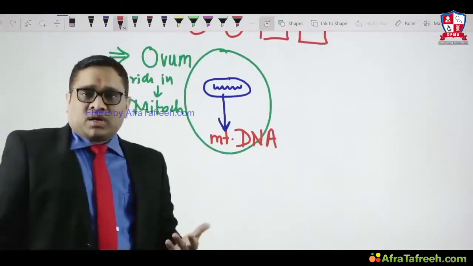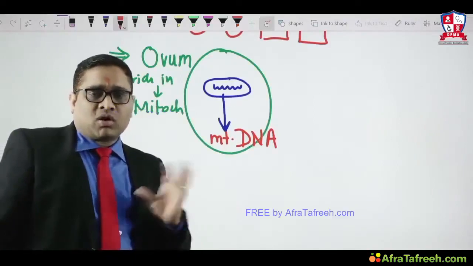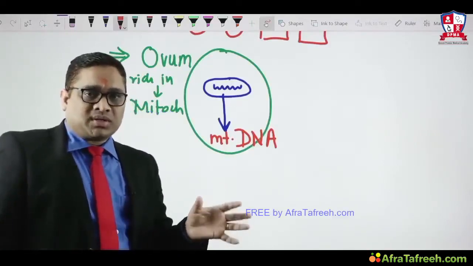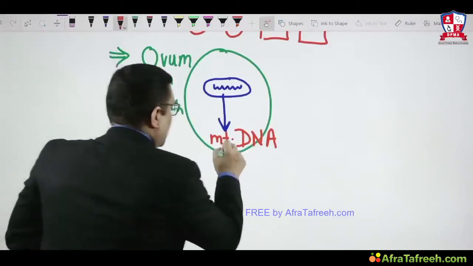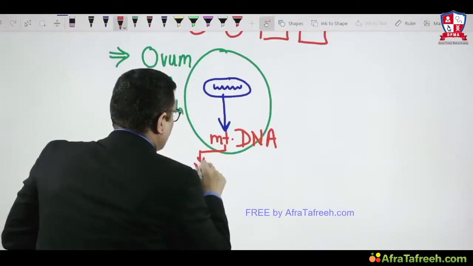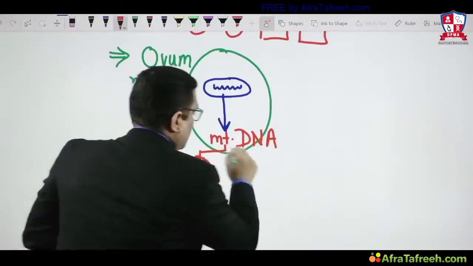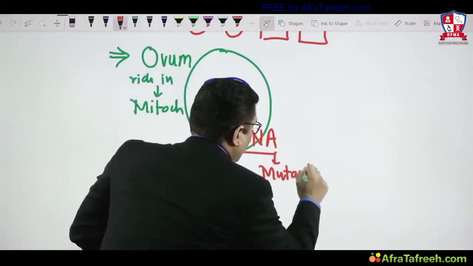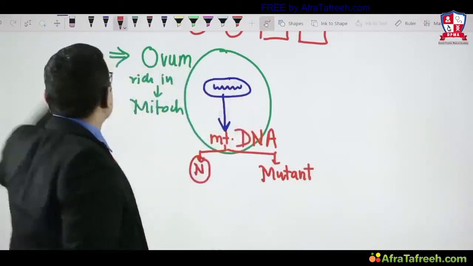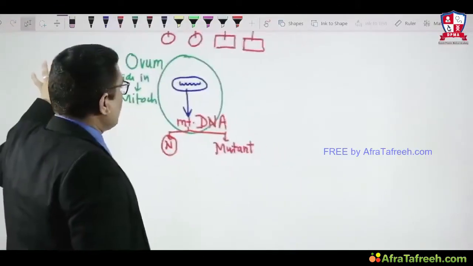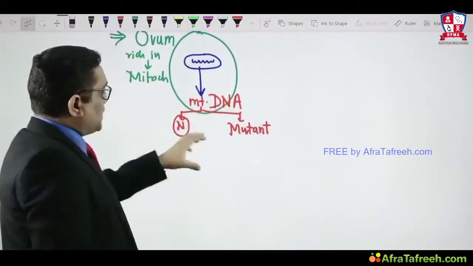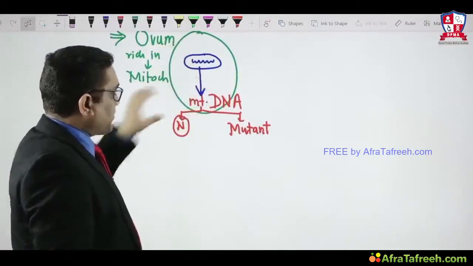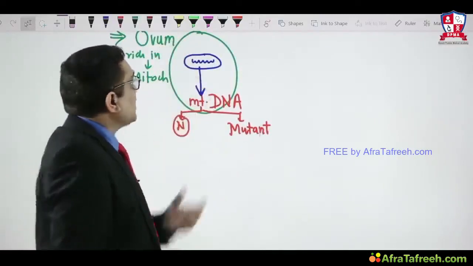What kind of mitochondrial DNA will they be having? Normal or mutant or both? The answer is both. This mitochondrial DNA can be normal, and it can be mutant also. So they have a mixture of normal and mutant mitochondrial DNA. That is the simple thing I wanted to tell you. When we see mitochondrial inheritance, inside the ovum mitochondria, the mitochondrial DNA is both normal and mutant type.